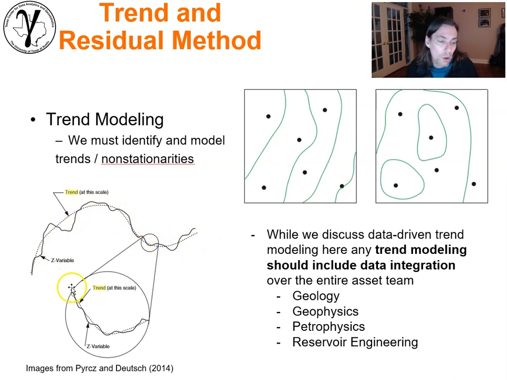Or maybe we zoom in and we'll start wanting to model these finer scale features too. Now, data-driven trend modeling is a little bit dangerous. It's not just take the data and try to contour it up or something. We should be including all possible sources of information and expert knowledge in geology, geophysics, petrophysics, reservoir engineering, and so forth. The trend is a very important decision.